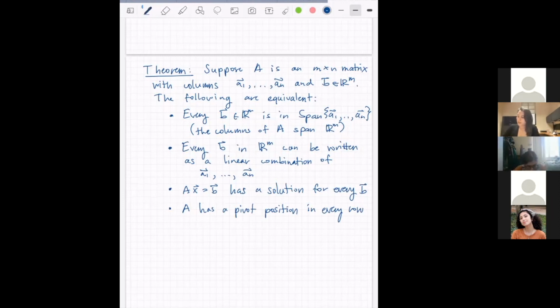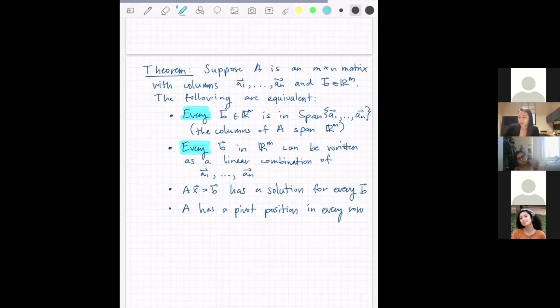Okay, so the emphasis in each of these statements is "every." Every B is in the span. Every B in Rm can be written as a linear combination.